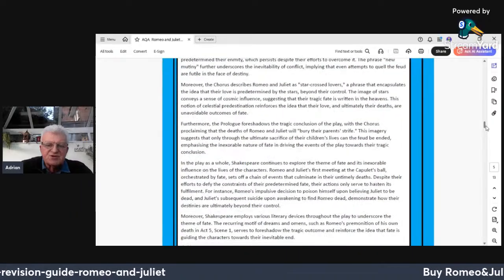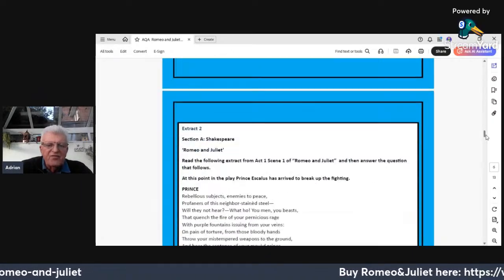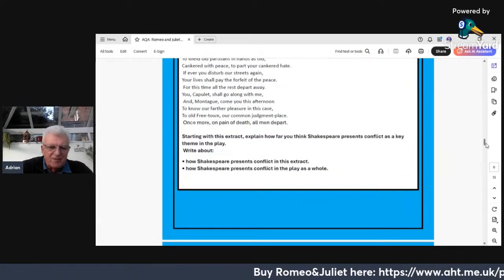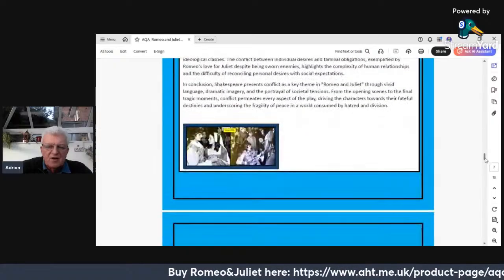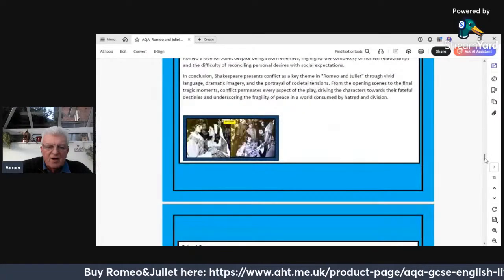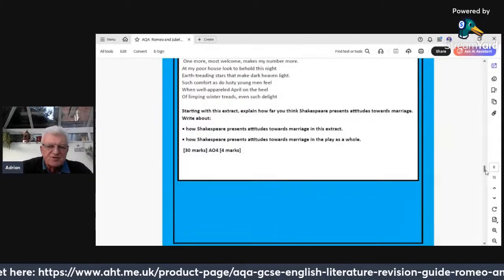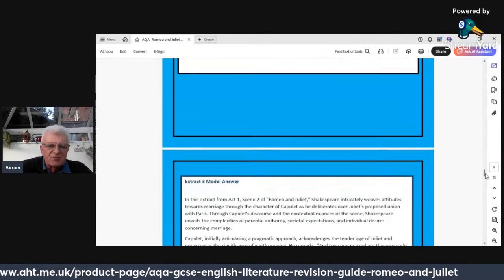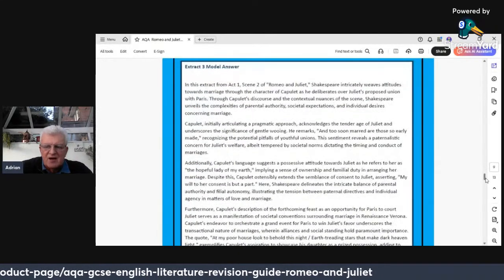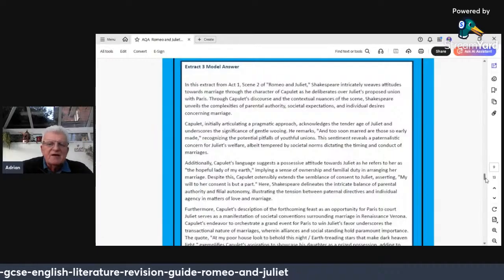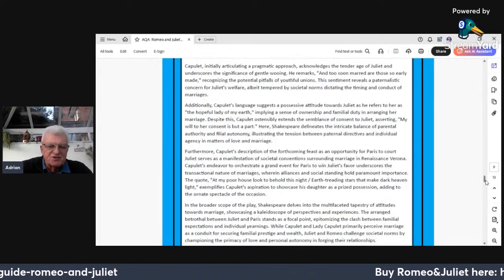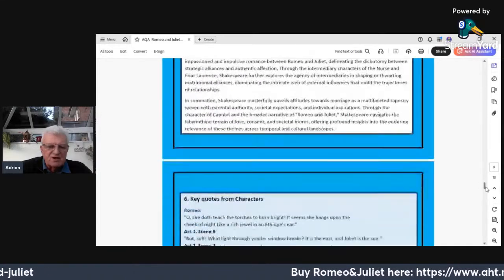So it gives the students a chance. Now, there are 3 extracts altogether, and those extracts show how the questions are framed, and then the resulting answers. So it's very good in helping students see the way you can structure an answer and start using ways forward.